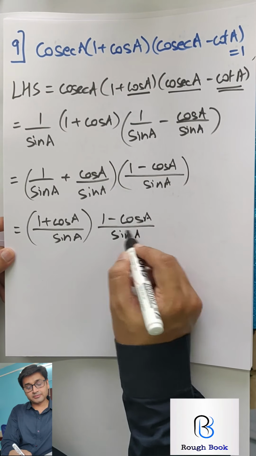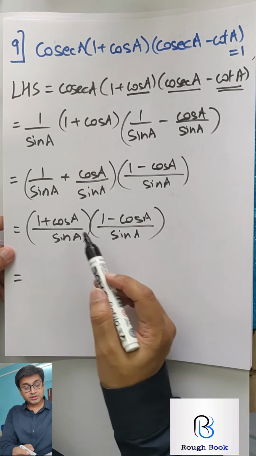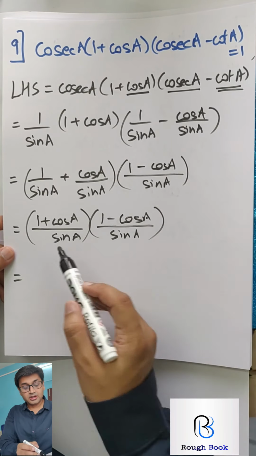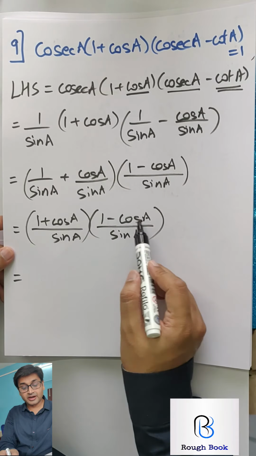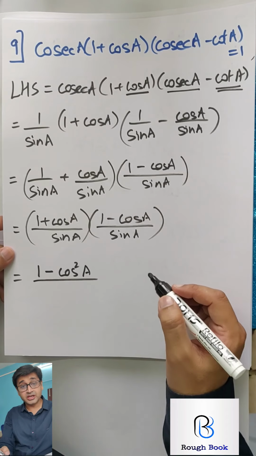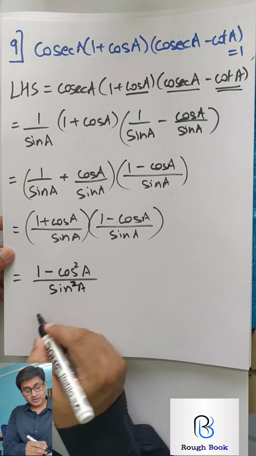Now if you look at both the parts, denominator is same and you are multiplying. So numerator multiplies with numerator, denominator multiplies with denominator. So I'll get 1 plus cos, 1 minus cos as 1 square minus cos square, that is a plus b, a minus b, and sine into sine becomes sine square.